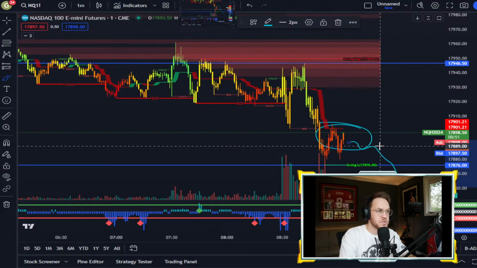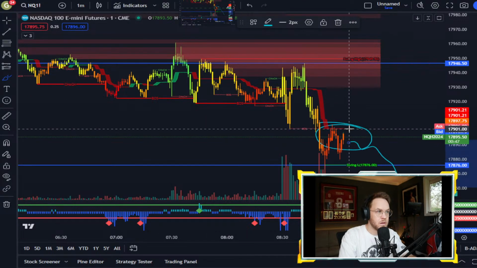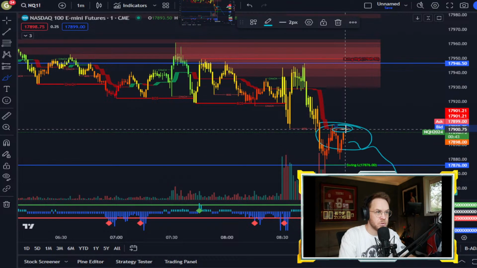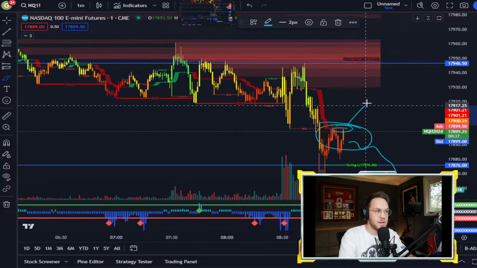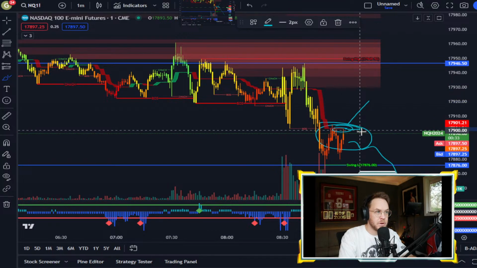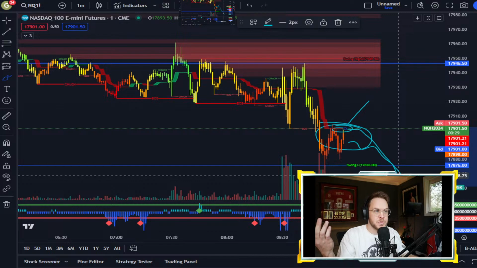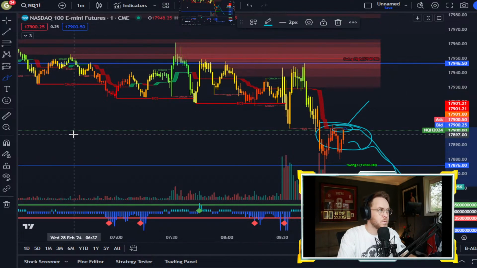Most likely we're probably going to retest this 17,900 level right here, and then we'll see what happens. We're either gonna fly through that level to the upside, or we're gonna chop on this level and then come down this way like I marked here. Most likely one of those two things is about to happen. So I'm gonna wait and see what we get.